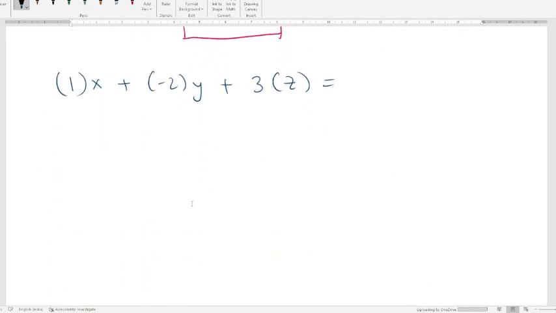So we get a 2 here. So what is our equation now? The equation becomes x minus 2y plus 3z is equal to 2.